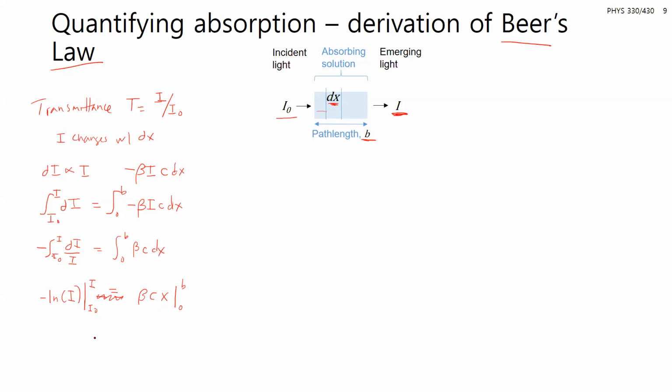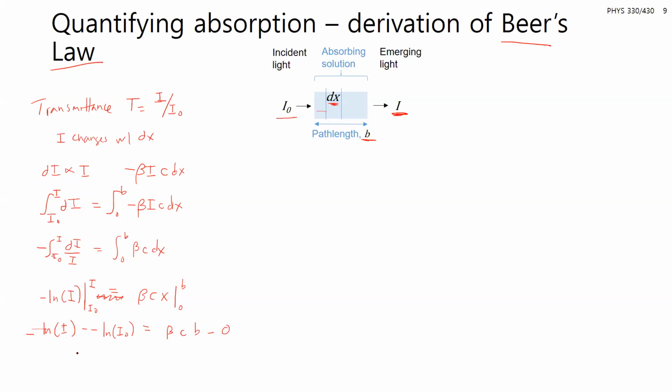So if we plug those values in, we get negative log of I minus the negative log of I naught equals beta c times b minus 0.